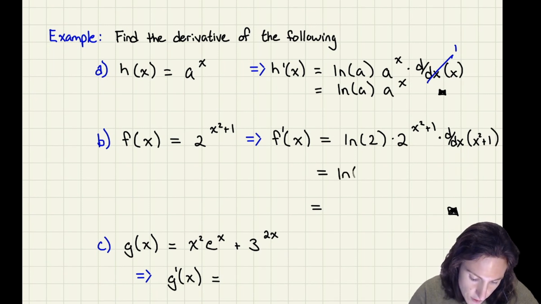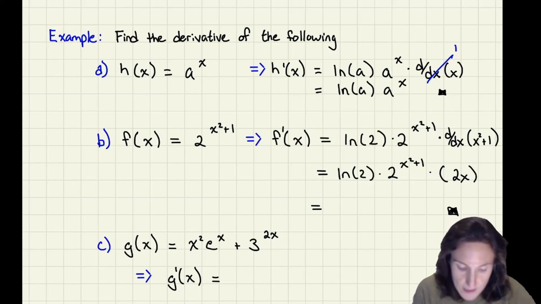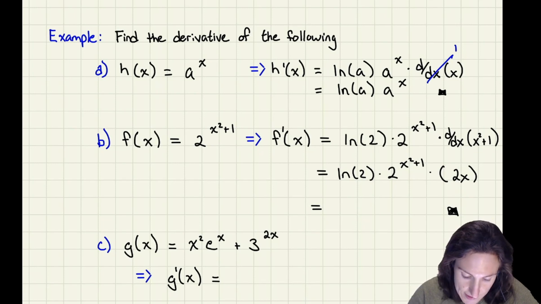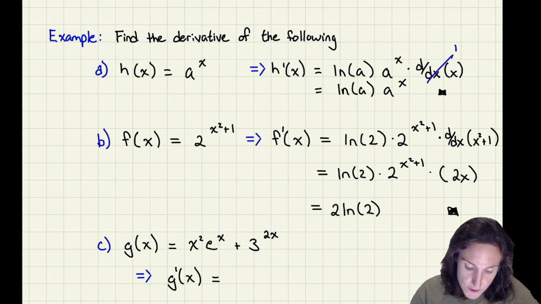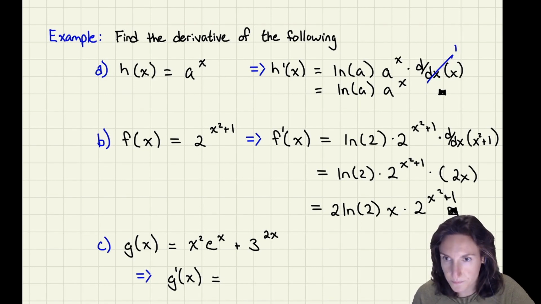Okay, so we have ln 2 times 2 to the x squared plus 1 times 2x. And because these 3 terms here are being multiplied together, I'm just going to bring my 2x up to the front. And as I said, I usually prefer writing the constants first. So 2 ln 2, that's just a constant. And then it's times x, and then it's times our exponential function, 2 to the x squared plus 1.